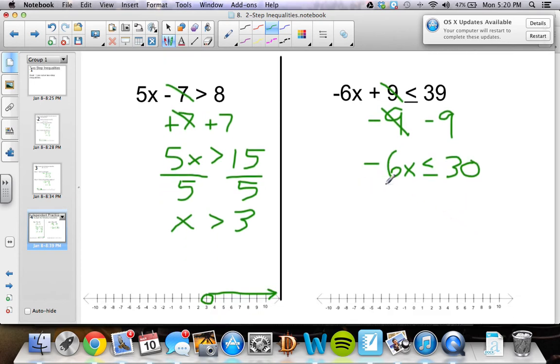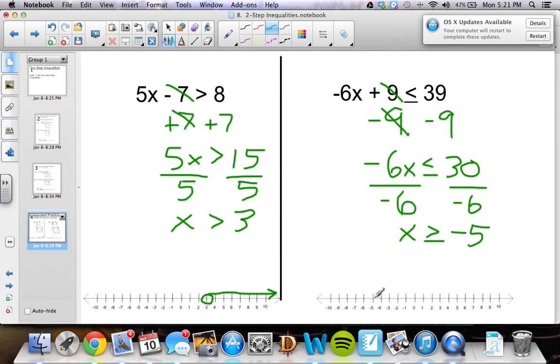Then we just have a multiplication problem, so we're going to divide by -6. And when we do that, we have to make sure we change the sign, or else this problem is not true. So now what we have left is x is greater than or equal to -5.